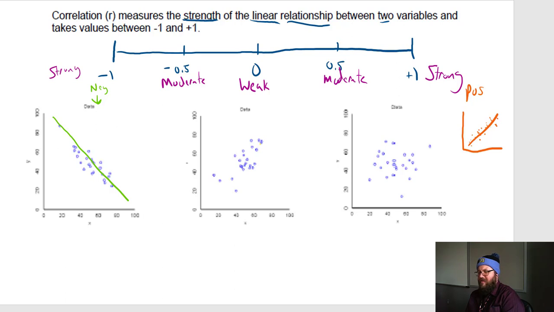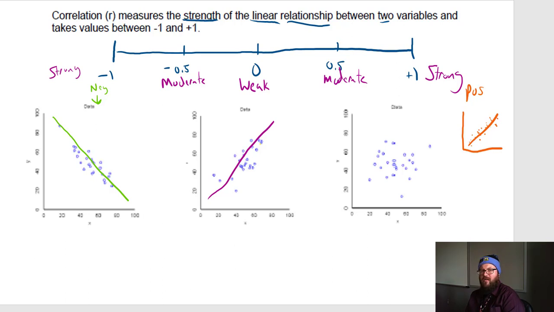Looking at these, I would say maybe this one is positive, but I'd say it's moderately strong because you have them kind of scattered out. I would say this is moderately strong in the positive direction. And we'll discuss this third one here in a minute.